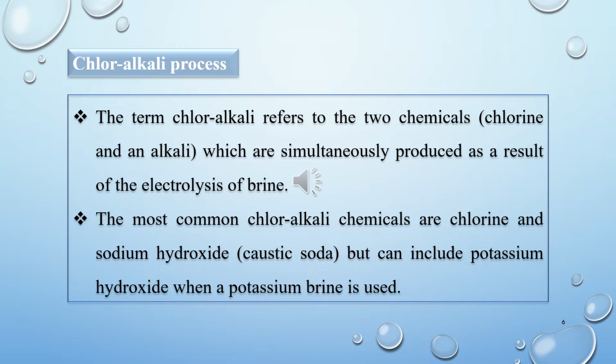So these two chemicals, chlorine and sodium hydroxide, are produced simultaneously by the electrolysis of brine. So here are the two important terms. First of all is electrolysis and the second one is brine.